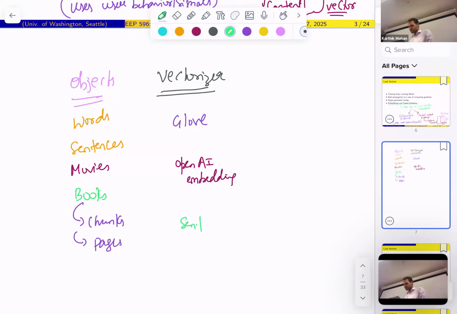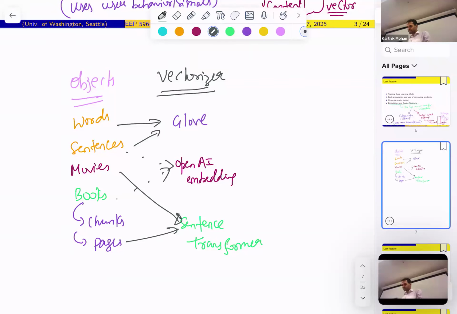Maybe sentence transformer. So we're looking at sentence transformer and GloVe in your mini project. So these would then go through, right? You might just go through this, or you might just pass it through a sentence transformer, whichever way. So you pass it through and then you get a vector.